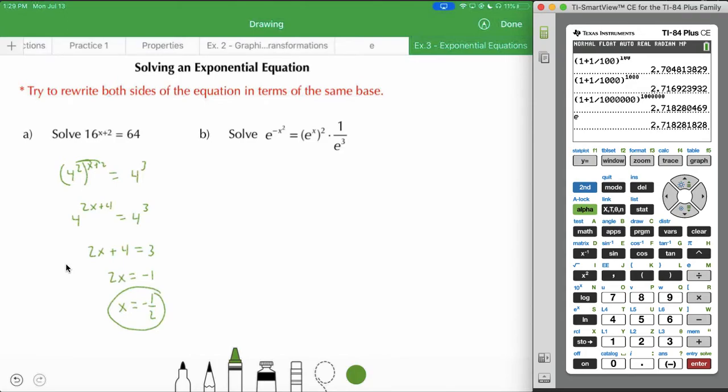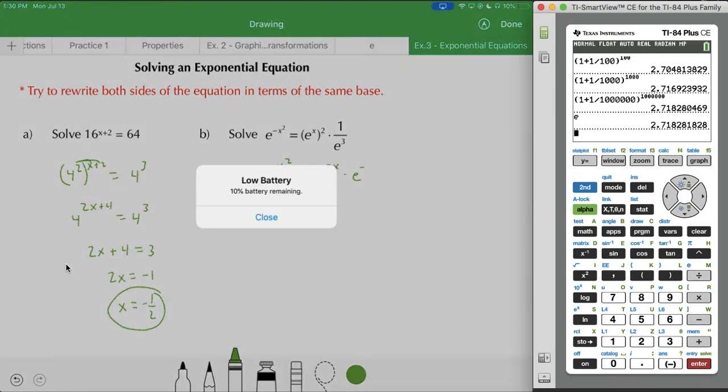Okay, so I'm going to leave the left as e to the power of -x squared. And then I'm going to use some properties of exponents over here. e to the power of x raised to the second power, that's equivalent to e to the power of 2x. And then 1 over e cubed, isn't that the same as e to the power of -3?